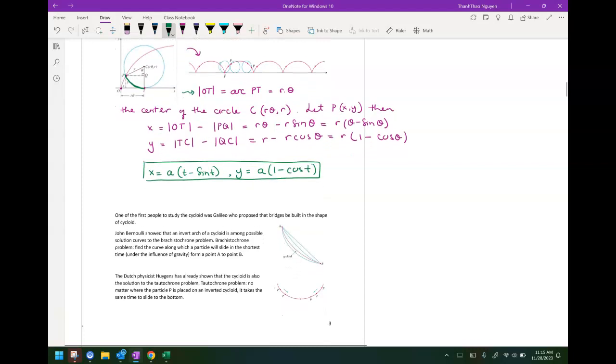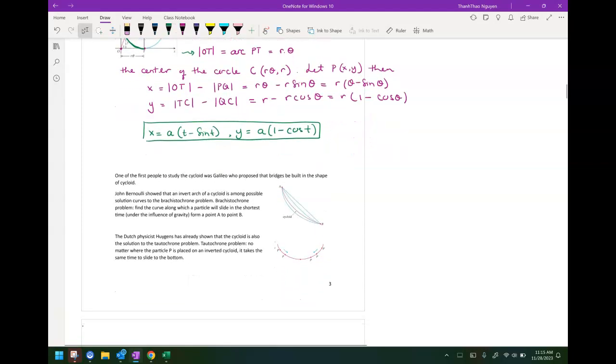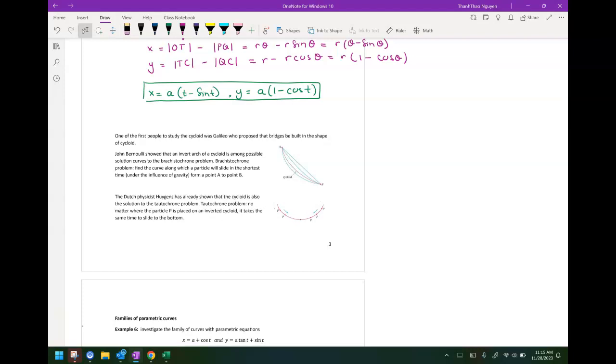Now, one of the first people to study the cycloid was Galileo, who proposed that bridges should be built in the shape of a cycloid. John Bernoulli showed that the inverted arc of a cycloid is among the possible solution curves to the brachistochrone problem. If you don't know what the brachistochrone problem is, it wants to find the curve along which a particle slides in the shortest time, only under the influence of gravity, from point A to point B. So what would the curve be?